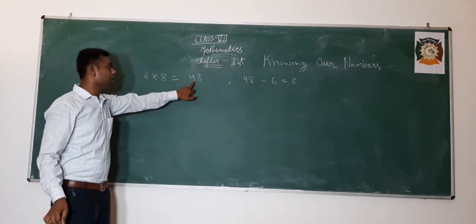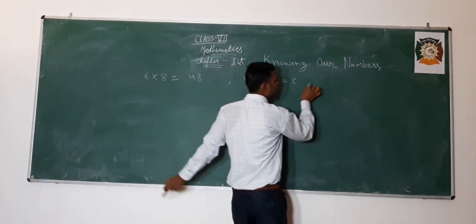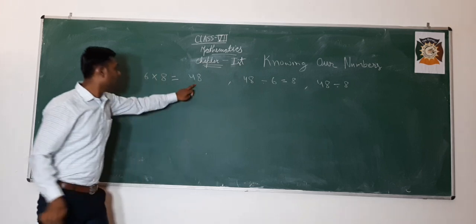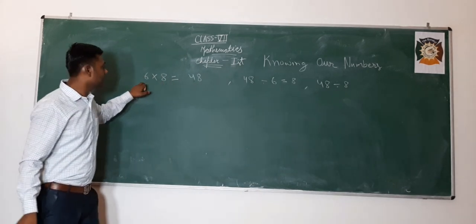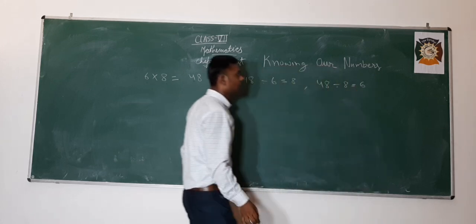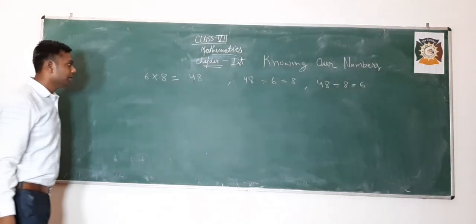And if we divide 48 by 8, that is equal to 6. Their multiplications and divisions are interrelated.